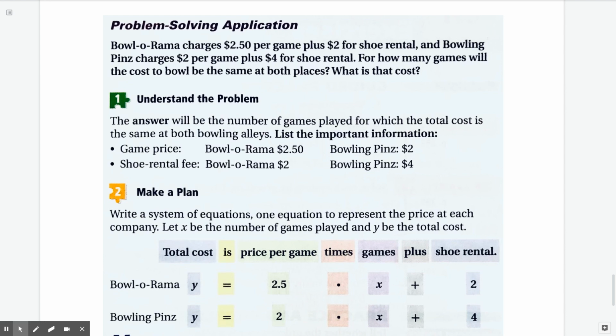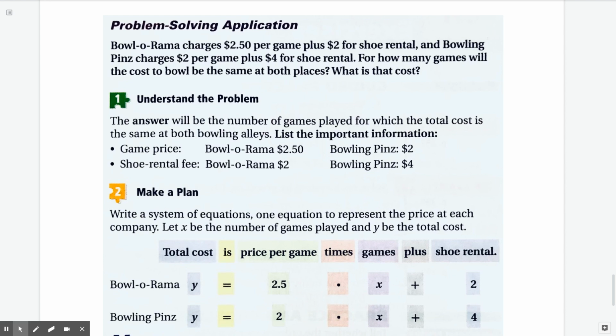What is that cost? So not only do you have to figure out the point at which they'll be the same, you then plug that ordered pair in to figure out what the cost for each place would be. So let's make sense of the problem by figuring out our givens.